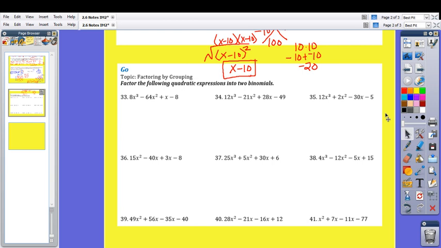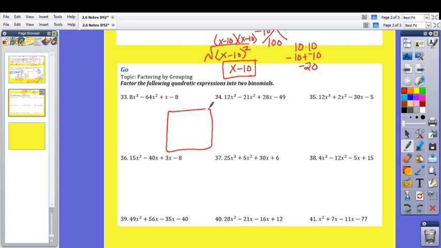In this one, we already have the factors of it, so we don't need to make the square.